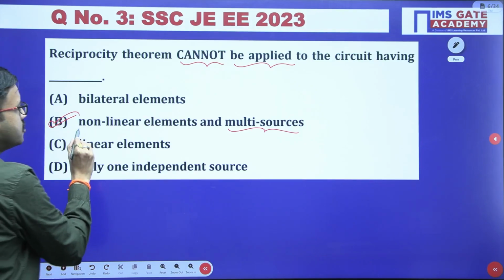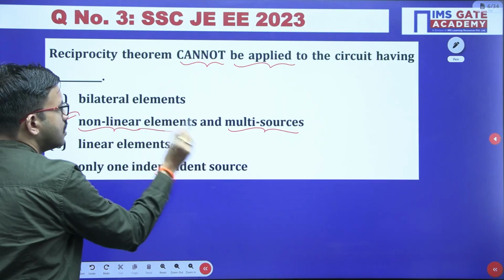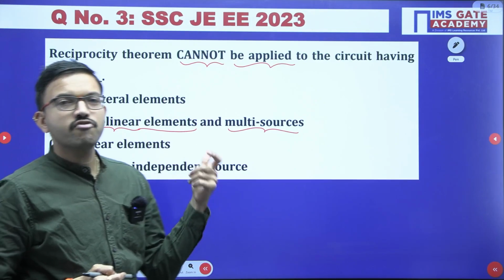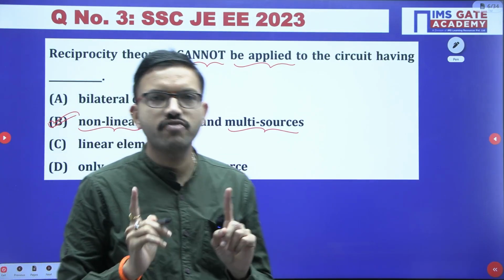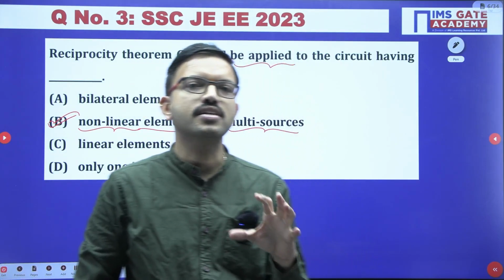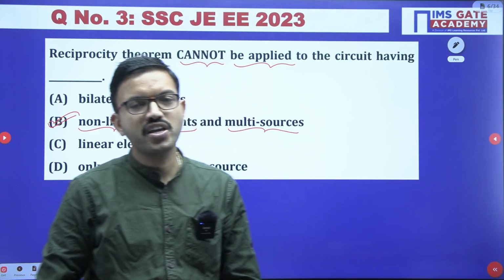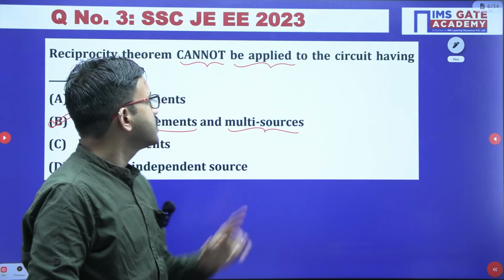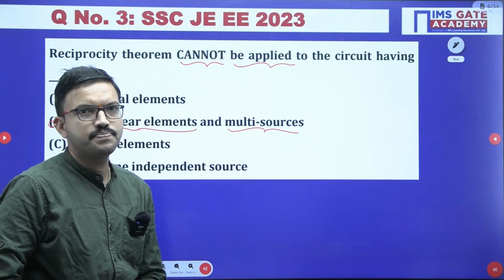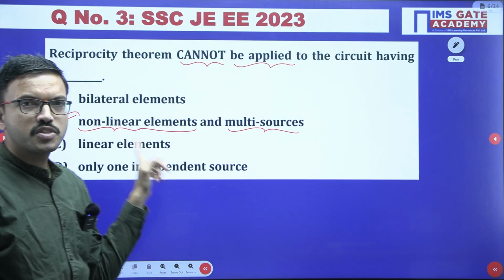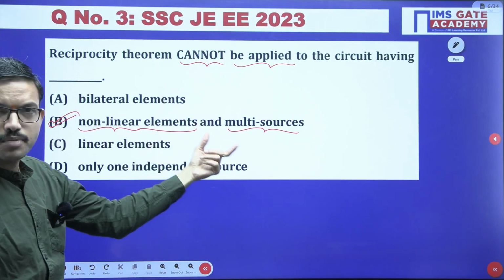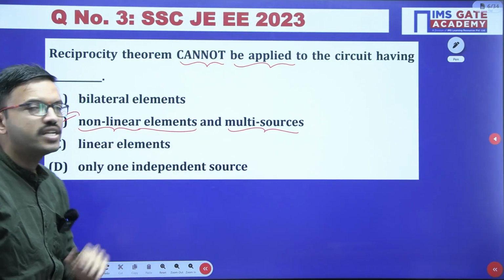In addition to that you are having non-linear elements also. We can apply the reciprocity theorem when in the given network only one source is present, and other than the source, the rest of the elements should be linear. If any non-linear element is present, then it won't follow the reciprocity theorem. That is the reason we cannot apply reciprocity theorem for circuits which contain multiple sources and non-linear elements.